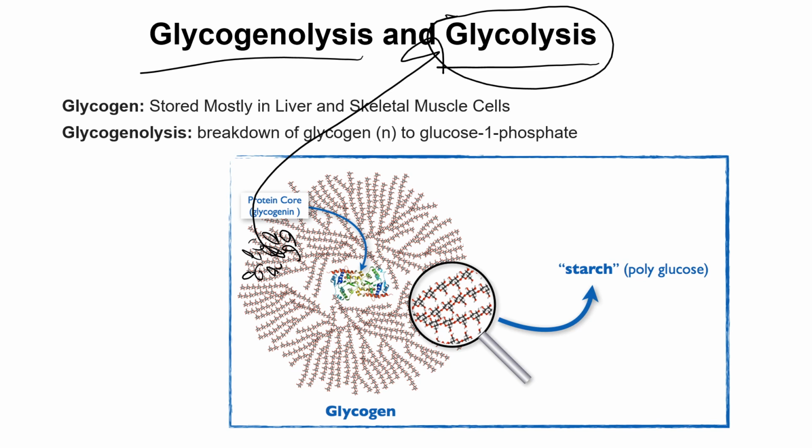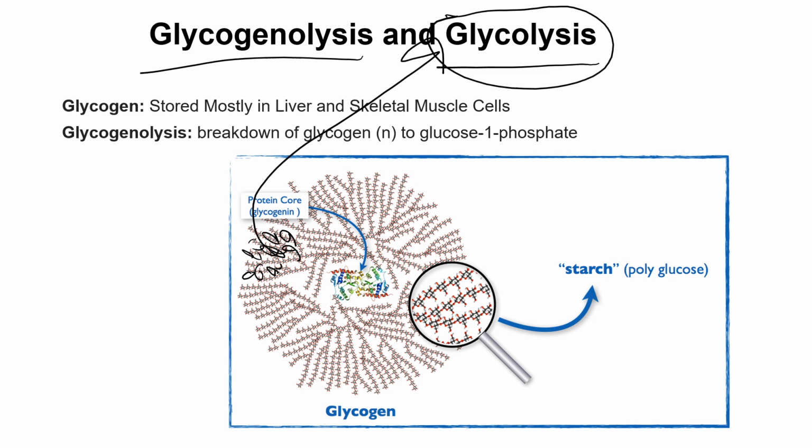So the relationship between glycogenolysis and glycolysis is fairly obvious. If a muscle cell wants to run glycolysis, right, the breakdown of glucose to make ATP and other molecules, then it's also going to need some glycogenolysis to be occurring. It's going to need some of the glycogen within it to be broken down so that glucose monosaccharides can become available so that it can run glycolysis.